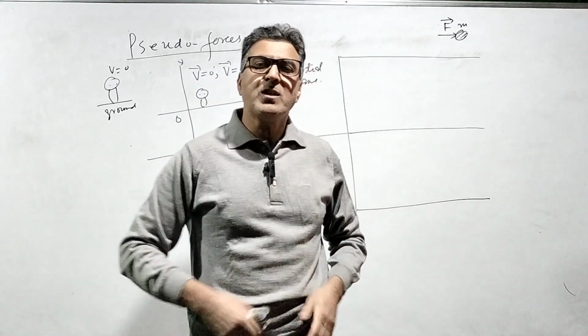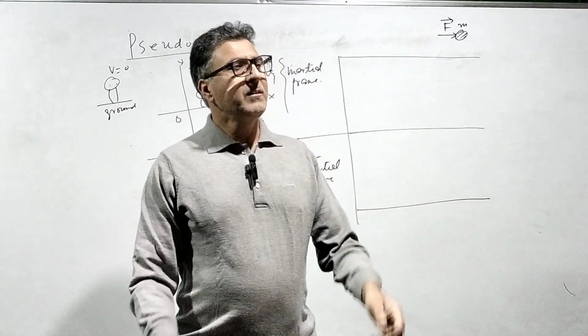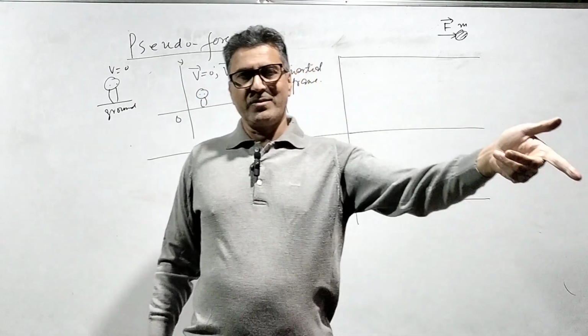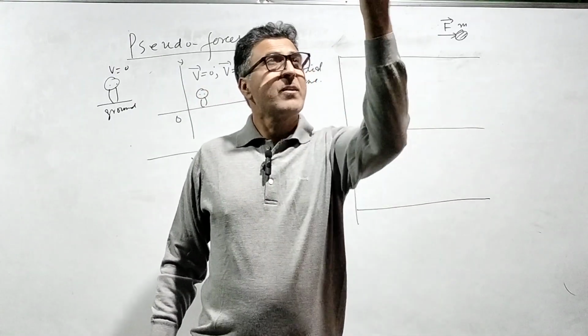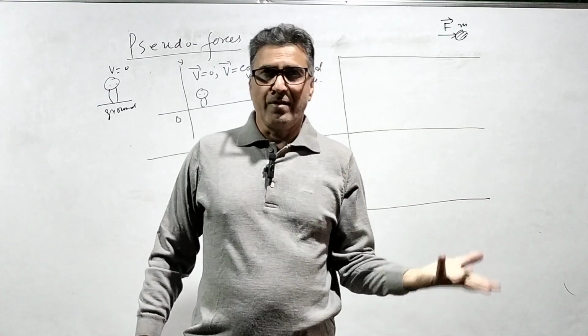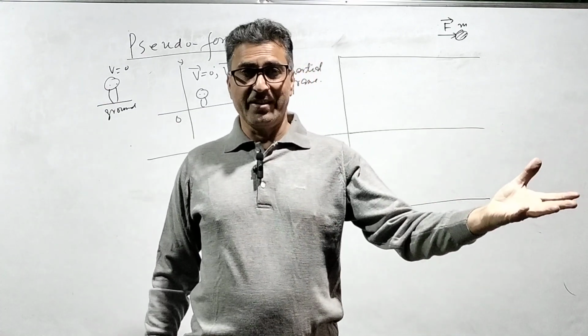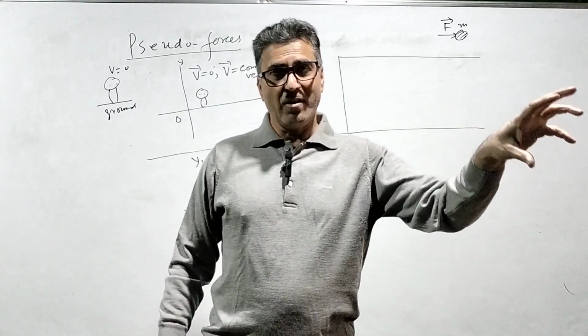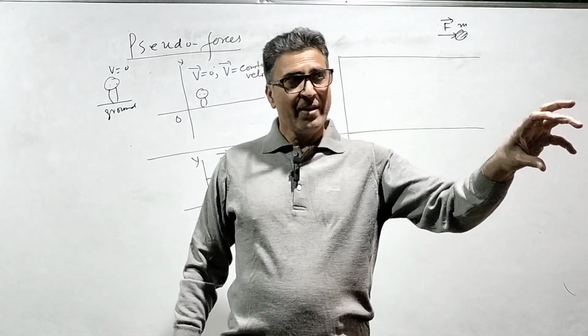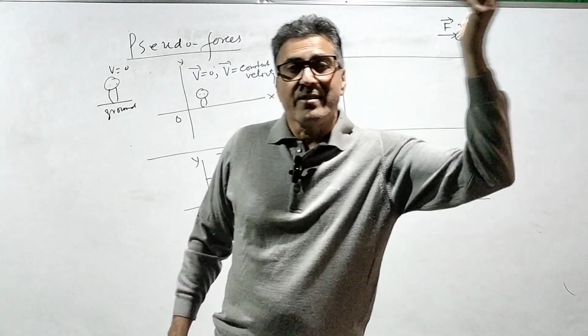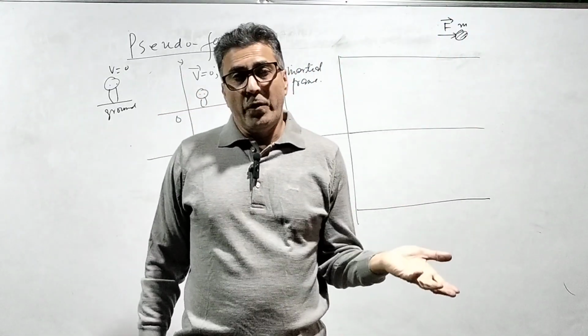A real force is caused by a real agent. If I push somebody, it's a real force. Gravitation accelerates an object downwards, a real force. Frictional force, these are all real forces which cause real acceleration in an object. Force is created on an object, net force, and the object will get accelerated. That's what we all know.